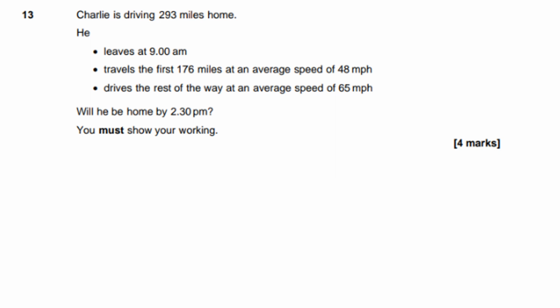Okay, so there are 2 parts of this journey then. Part 1 and part 2. Part 1 is going to be, the distance is 176 and the speed is 48 miles per hour. We're trying to find out the time.